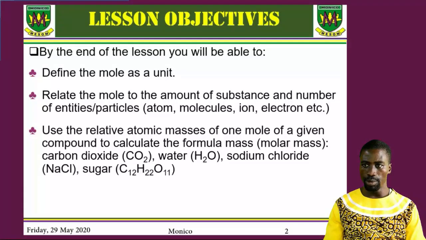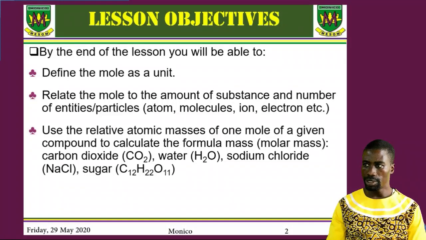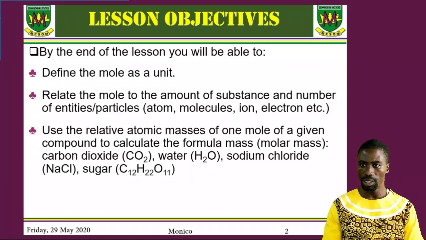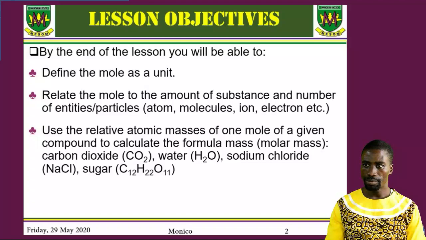You should also be able to use the relative atomic masses of one mole of a given compound to calculate the formula mass, basically the molar mass. These are the compounds that have been given. That does not mean that this is the only thing that we'll be doing. So we have carbon dioxide, water, sodium chloride, and then sugar.